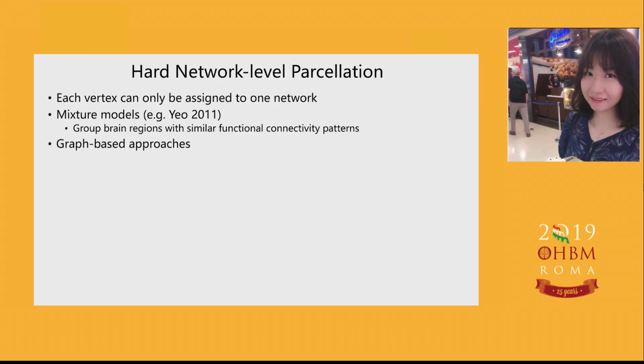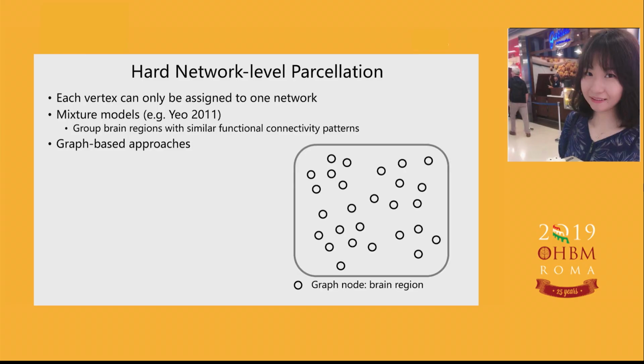Another approach to estimate the hard network level parcellation is using graph theory. In the graph theory-based approaches, the functional connectivity is constructed as a graph. The graph node indicates the brain region, and the graph edge represents the functional connectivity strength between two brain regions.